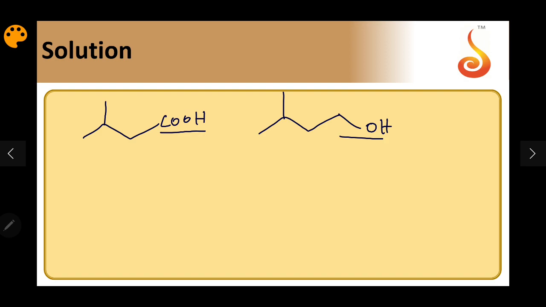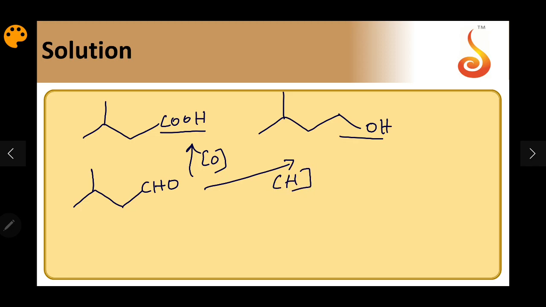The aldehyde which gives this compound should be this one. So, this on oxidation gives this compound, and on reduction will give this alcohol. So, compound A should be an aldehyde. So you can see 1, 2, 3, 4, 5, C5H10O. This is compound A.